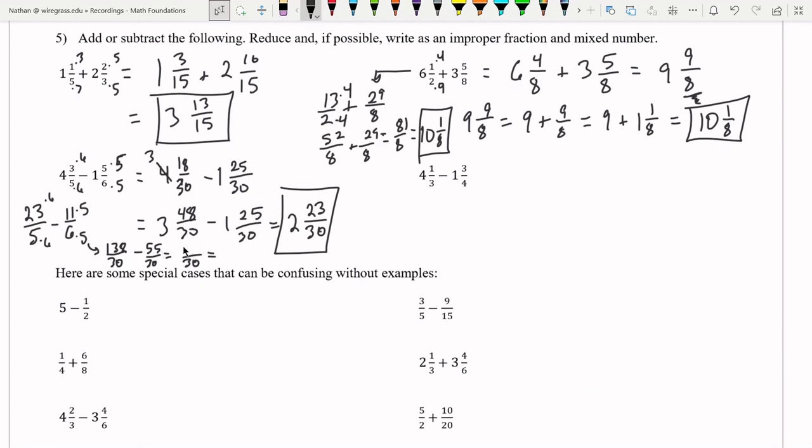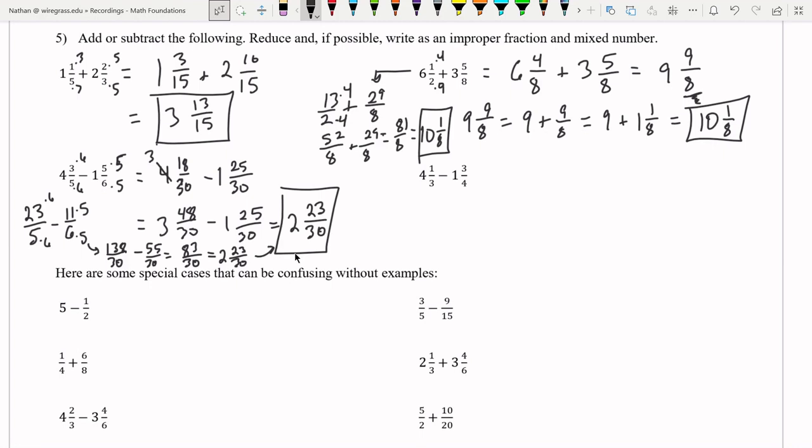So 83 is what I should be getting there. That makes sense. And 30 can go into 83 2 times evenly with 23 out of 30 remaining. The exact same answer that I got the other way.